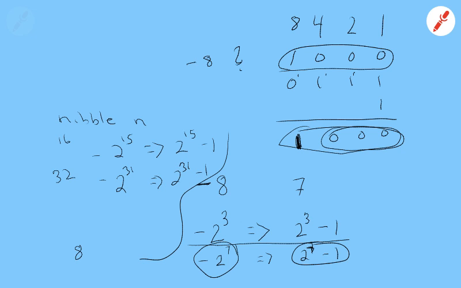Isn't this interesting? When will this be important to you? Well, if you try to represent 128 in an 8-bit signed data type, you cannot. And if you try to represent the positive number 2 to the power of 31 when you have a 32-bit data type, it won't work.